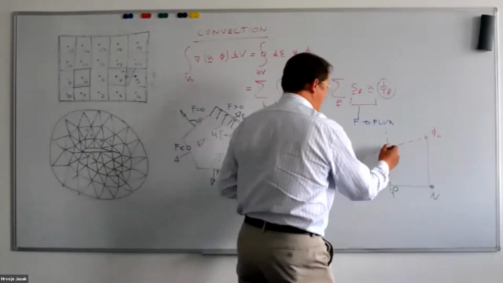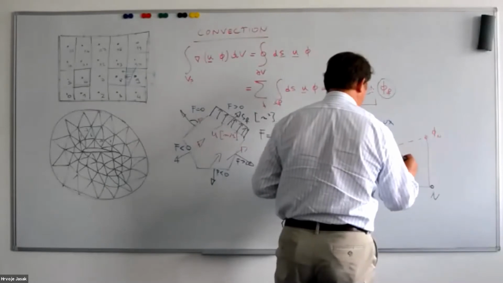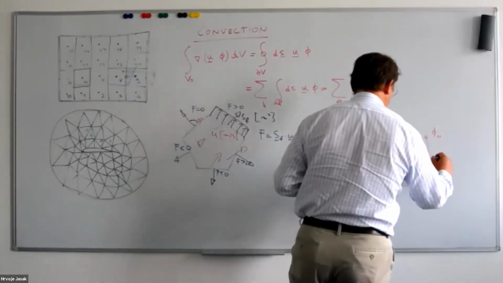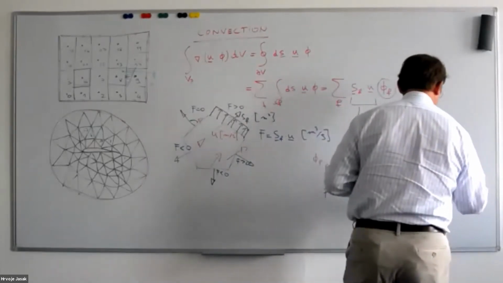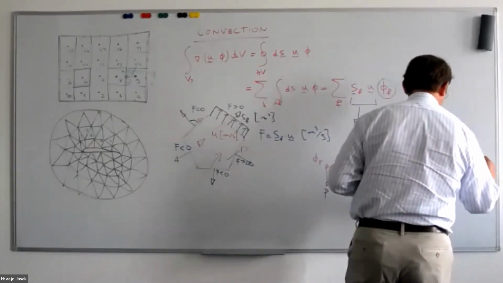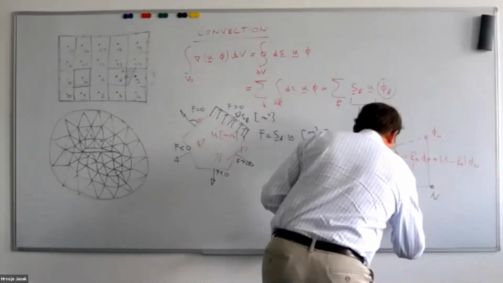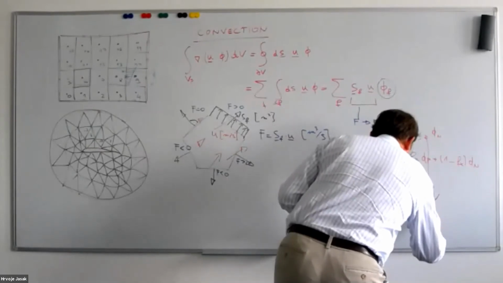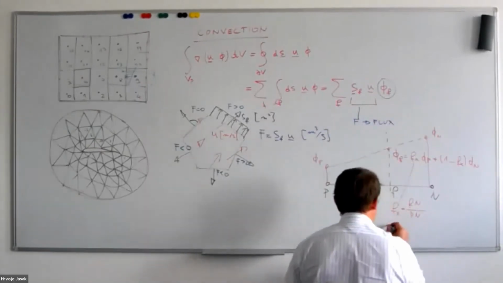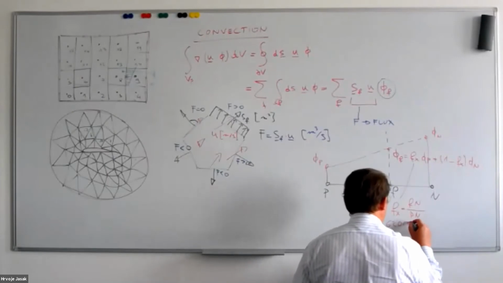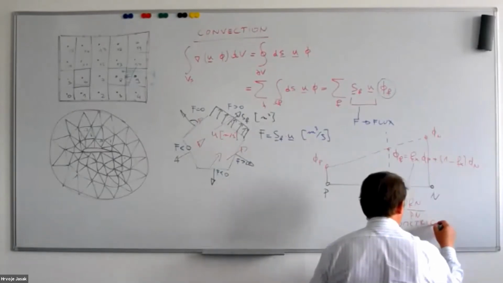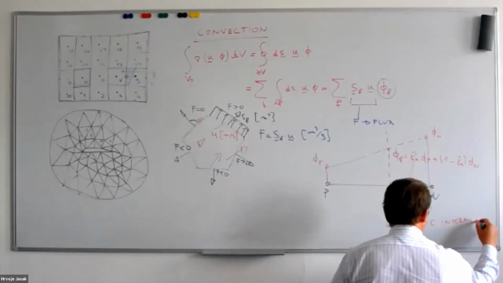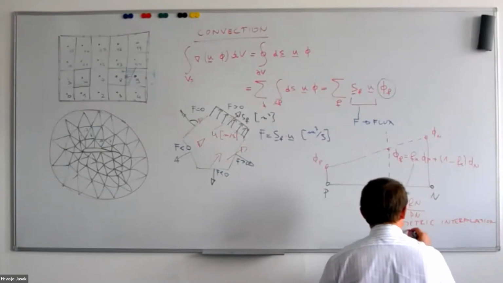Draw a straight line and write out phi F equals Fx phi P plus 1 minus Fx phi N, where Fx is Fn over Pn, a geometric interpolation factor.